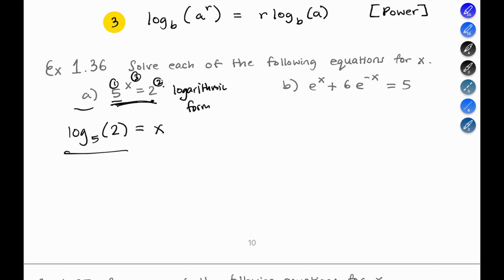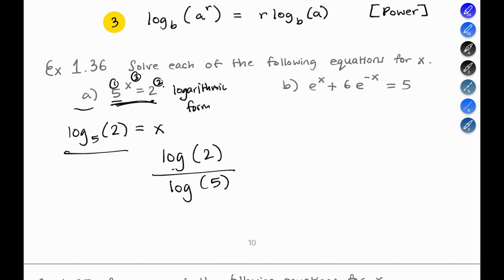And how we want to solve for that using our calculator is that when you punch in log on your calculator, it's only going to show you log, and it's going to give you parentheses. So what you want to do is take log of 2 and divide it by log of 5, and that will get you your decimal answer.